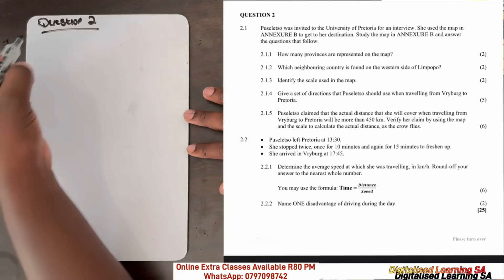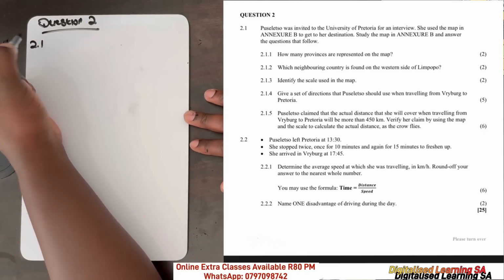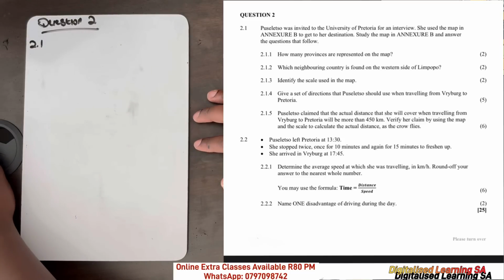We are going to start with question 2.1, and we are told that Puseleto was invited to the University of Pretoria for an interview, and she used the map in annexure B to get to her destination. Study the map in annexure B and answer the questions that follow.